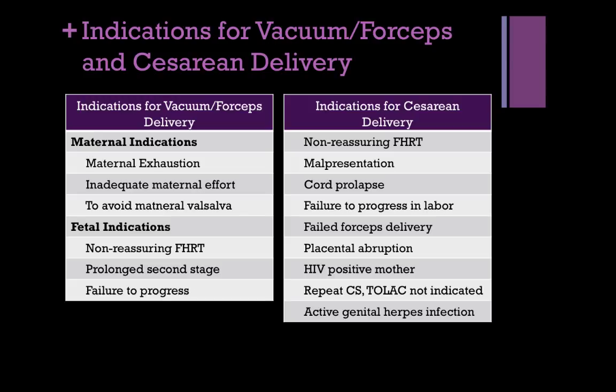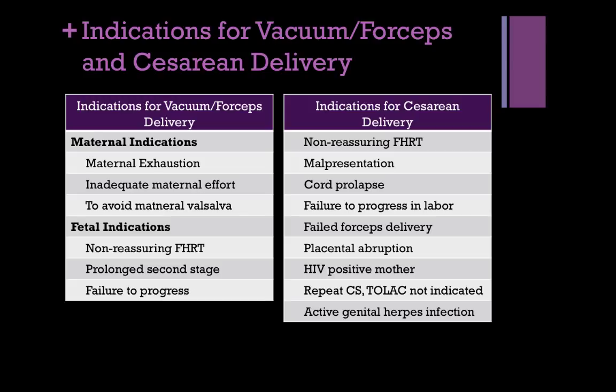You'll also have rarer genetic diseases that cause this too, but that's just an example of someone who can't give full muscle effort. And then also, if you need to avoid maternal Valsalva, so if they have some sort of heart defect or something like that where you want to avoid putting too much strain on the woman's heart by making her push for that long, you can also use vacuum-assisted or forceps delivery.